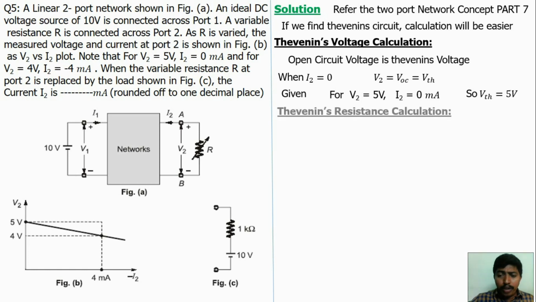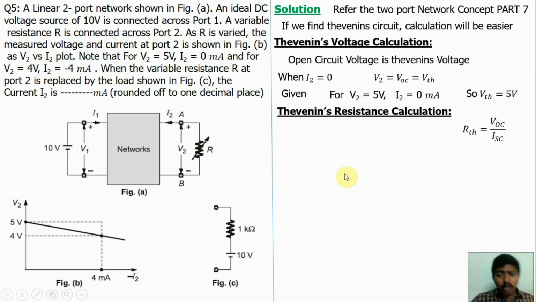Now we go to find the Thevenin's resistance. How to find the Thevenin's resistance? Thevenin's resistance RTH is equal to open circuit voltage by short circuit current. Okay. So open circuit voltage, Thevenin's voltage, is already known. So we go to find the short circuit current. What is short circuit? Short circuit means the load is removed and shorted.